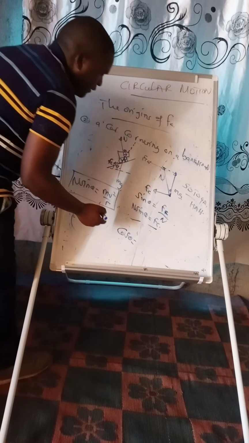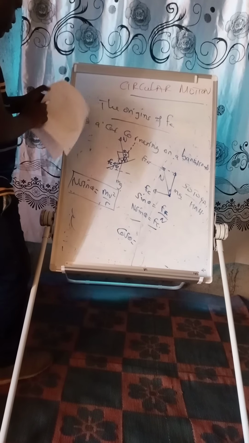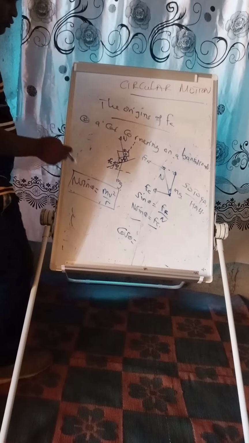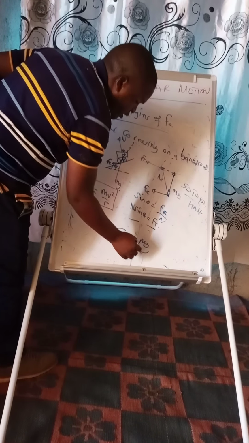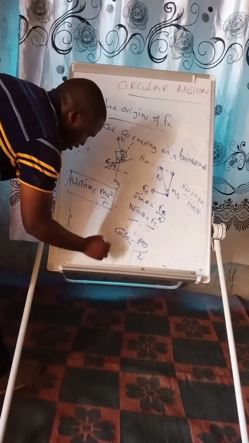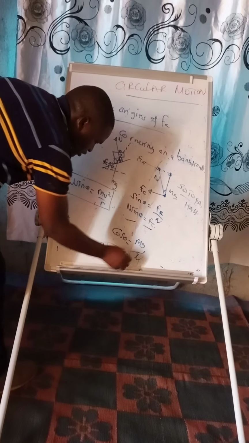So our adjacent here is mg, our hypotenuse is N. So N cos theta is equal to mg.